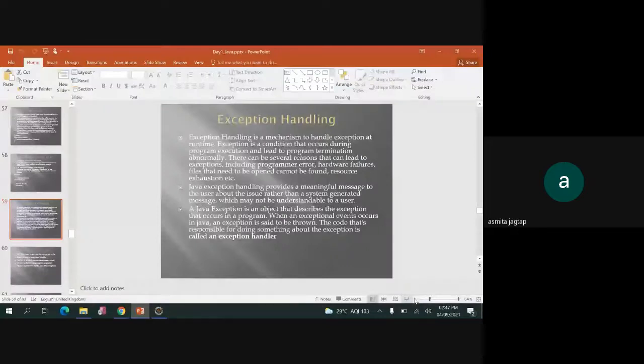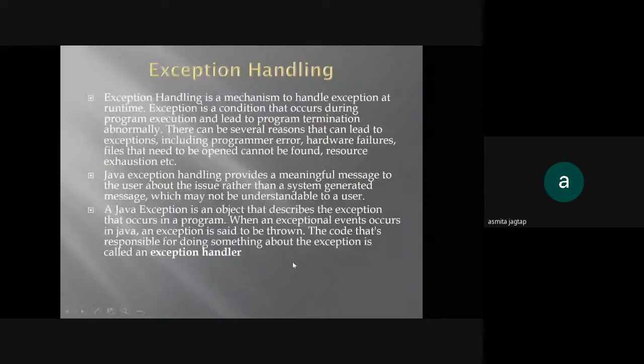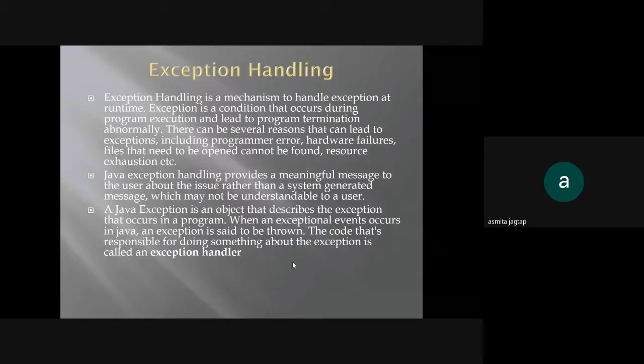Java exception handling provides a meaningful message to the user about the issue, rather than a system-generated message, which may not be understandable to the user. Sometimes system-generated messages are complicated, and you can't resolve the issues by seeing those error messages.